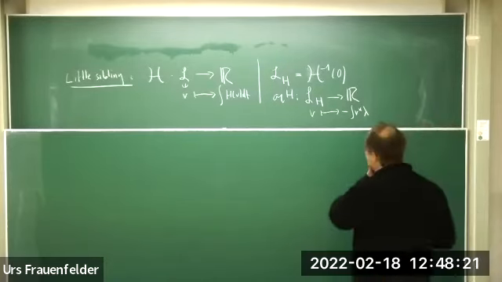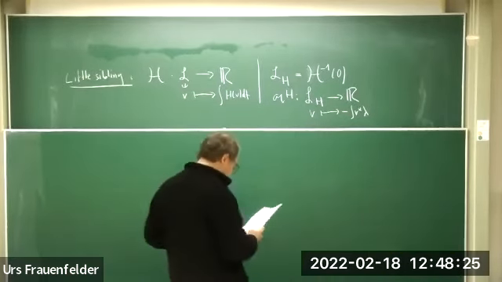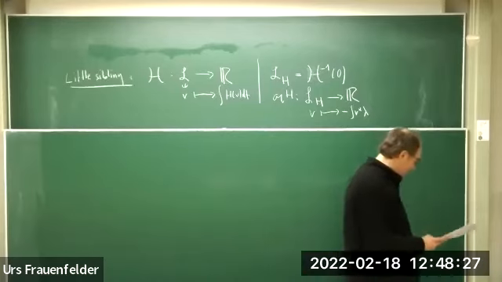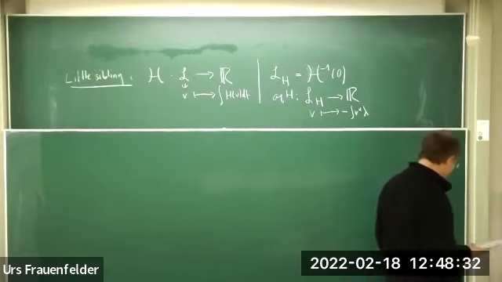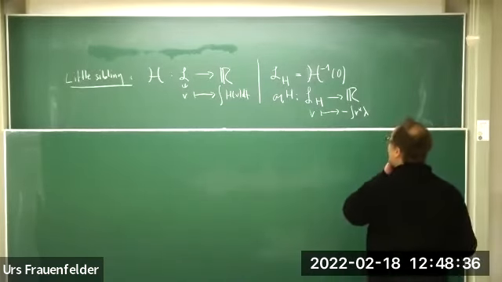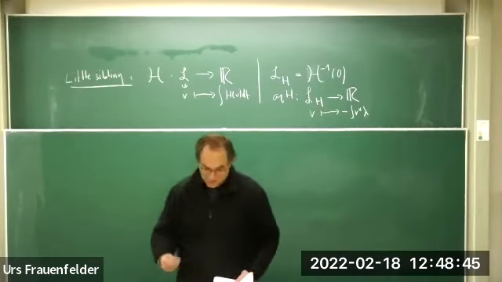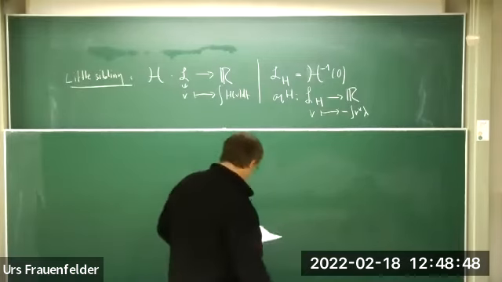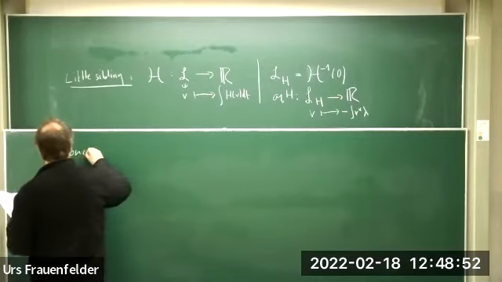We have an additional product on the free loop space. This is the Chas-Sullivan product, and the Rabinowitz action functional does not behave so well with respect to this Chas-Sullivan product, with respect to concatenation. So let us look at what happens with concatenation.